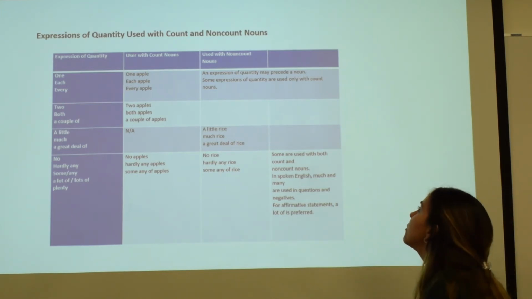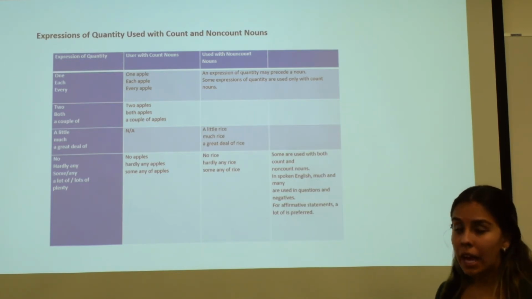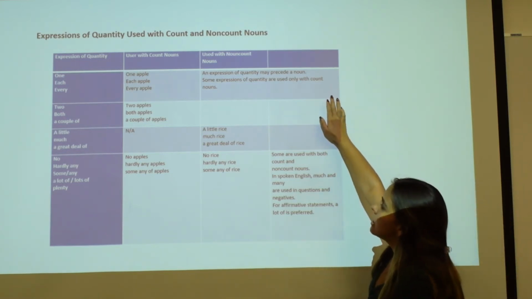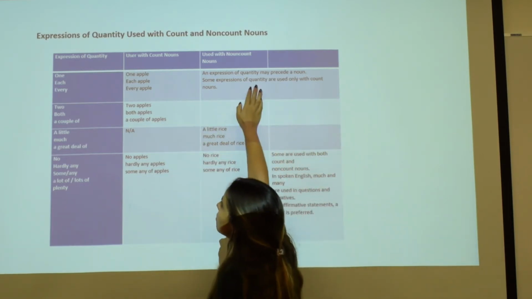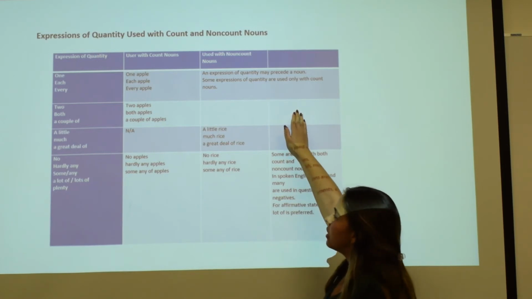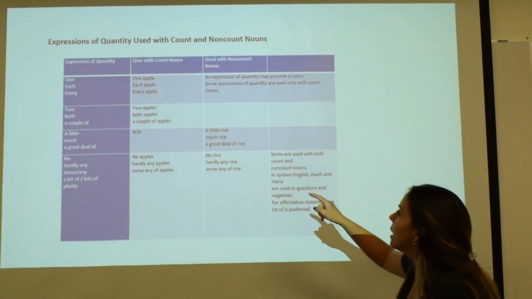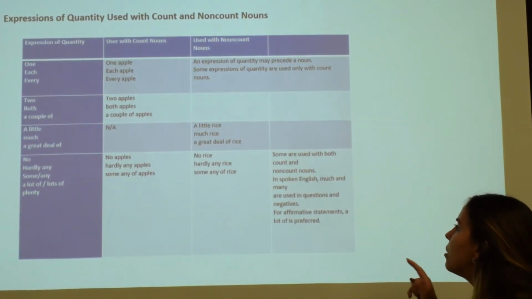An expression of quantity may precede a noun. Some expressions of quantity are used only with count nouns. This group goes with one, each and every, and two, both, and a couple of. And as well, a little rice, much rice, a great deal of rice.